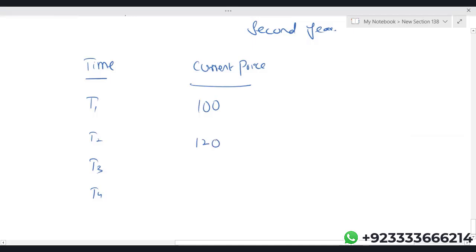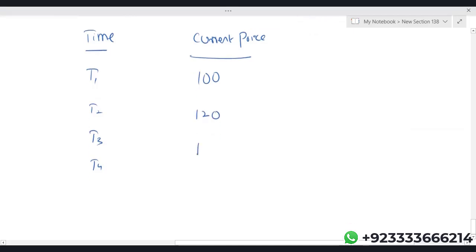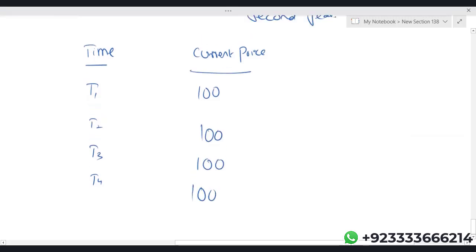We can make it 100 so that we can apply the shortcut as well. Inflation per annum is 12%, 12%, 12%, 12%. You are required to calculate the nominal price. Nominal price means with inflation.